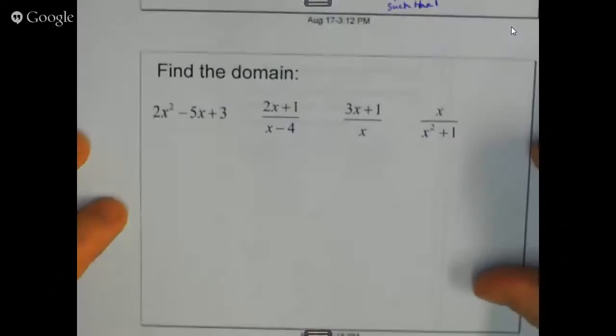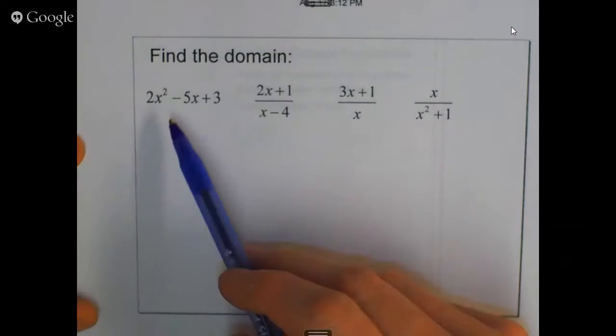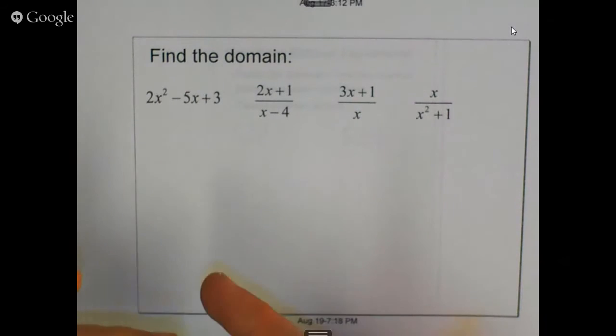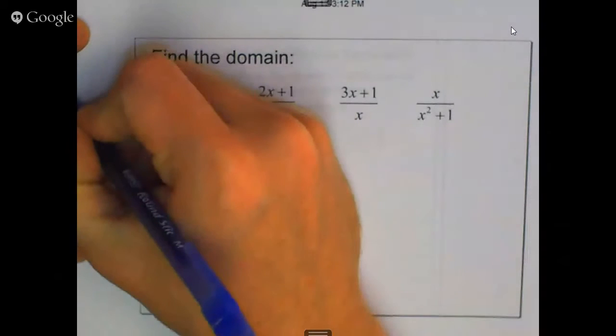Now, when we look for domain, we have to think about what values of x, when I put into my expression, will make it imaginary or not, undefined or unreal. Now, the only things we've really talked about are with a fraction.